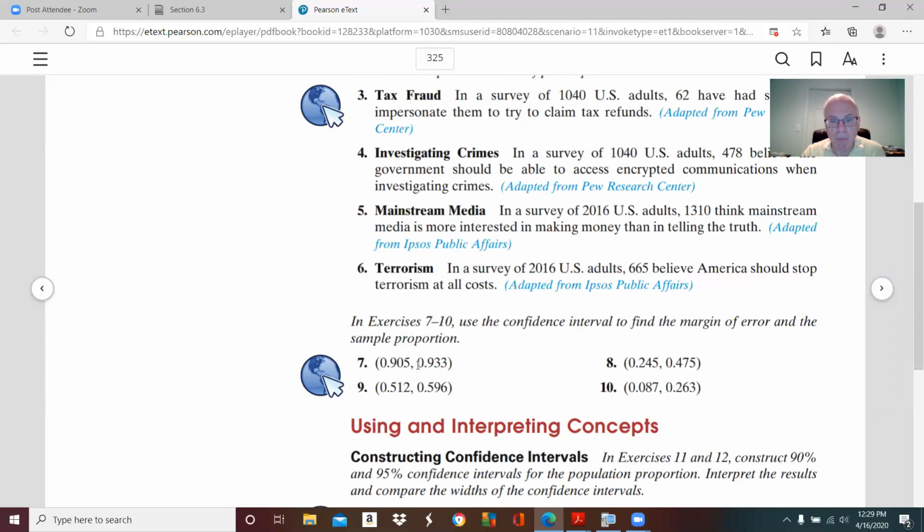So we're starting from p hat, subtracting E, and starting from p hat and adding E. So the difference between these two numbers should be 2 times E.